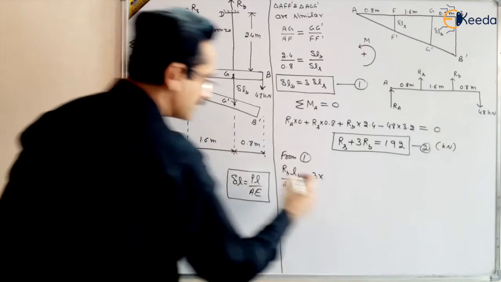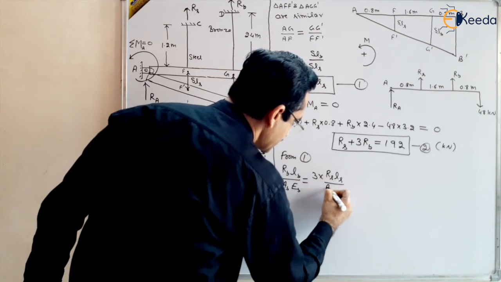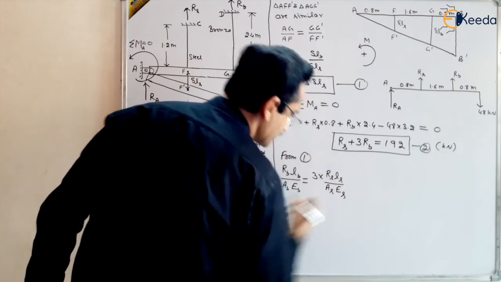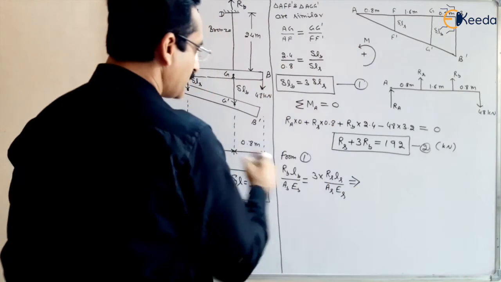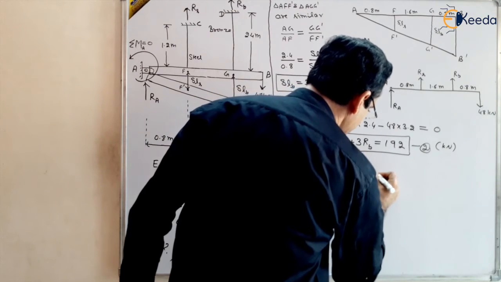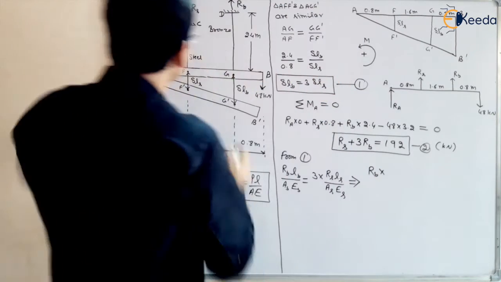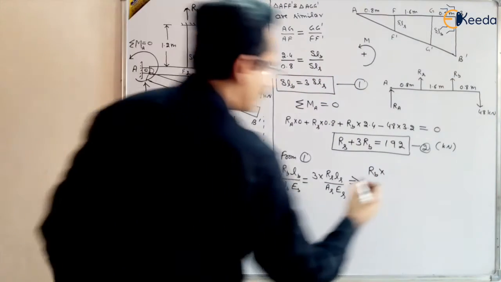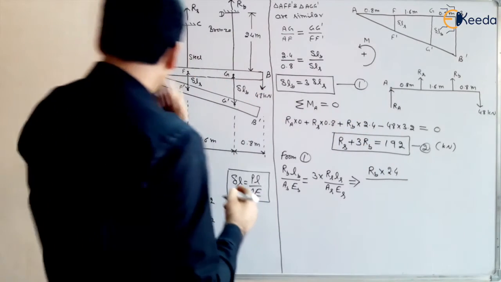PL upon AE: the reaction in steel, length of steel, area of steel, and modulus of elasticity of steel. So that must be equal to Rb. Rb is unknown to us, so we keep it as it is. Length of the bronze is 2.4, so 2.4 upon area of bronze.